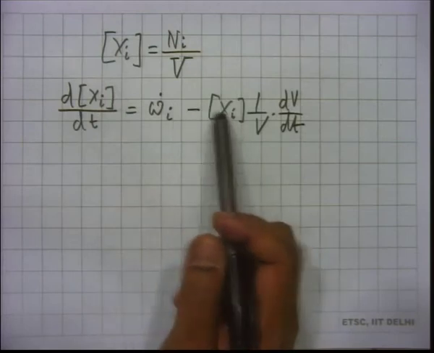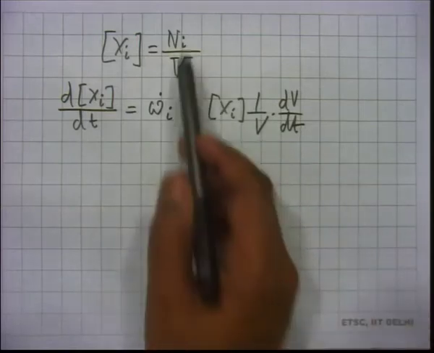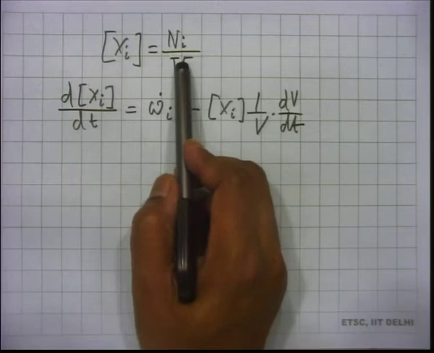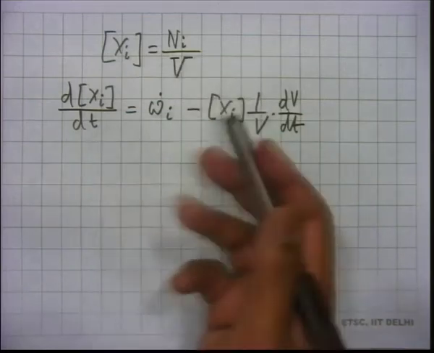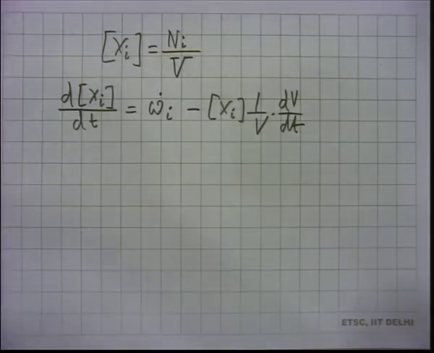What have I done? On the right hand side there was Ni, but you will get a Ni by V somewhere. See, 1 over V when differentiated gives you minus 1 over V squared. So, V squared in the denominator, you use one of those V's to get this xi. So, this is dxi/dt.